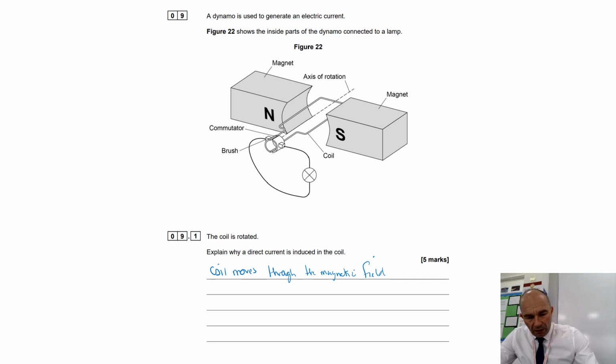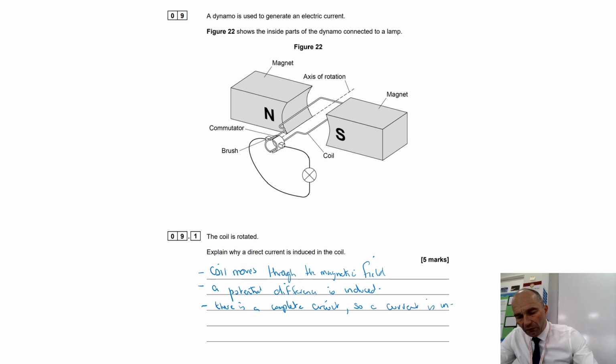So it means a potential difference is induced in the wire. So as there is a complete circuit, a current is induced. That's in the coil.